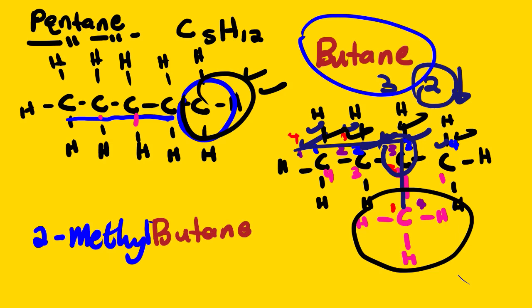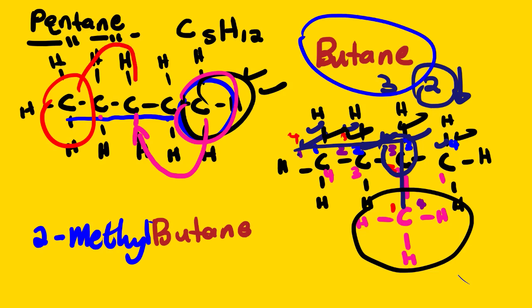But is this the only chain isomer of pentane? How about we take this carbon, we put it here, and then we take this one also, we put it on the very same carbon here, meaning that you're going to have something like this.